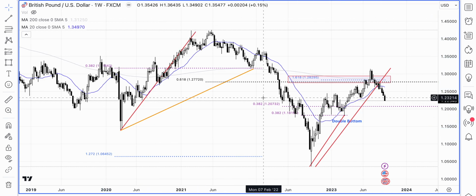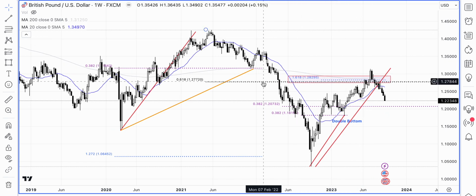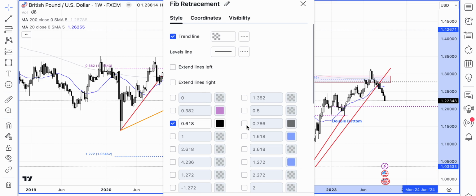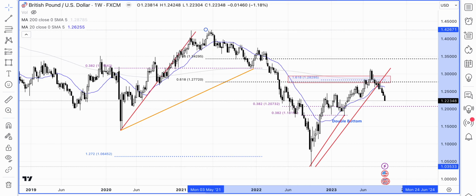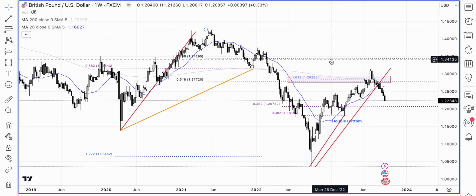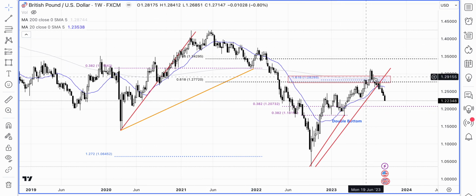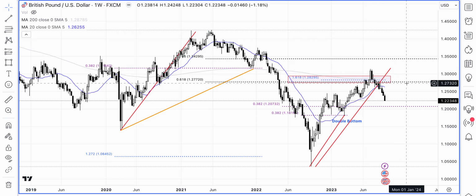The other interesting part is that this top came between the 61.8% and 78.6% Fibonacci retracement, but it missed the 78.6% quite a bit. Still, we have this symmetry which was alerting that we need to begin to pay attention, and possibly there could be a reversal in play, especially as it reached and breached a little bit of the 61.8% Fibonacci retracement.